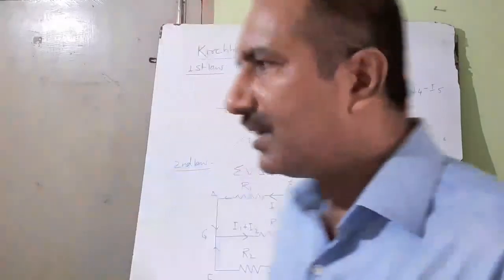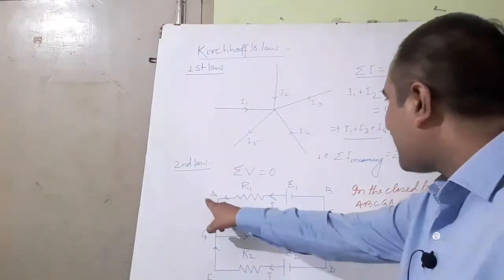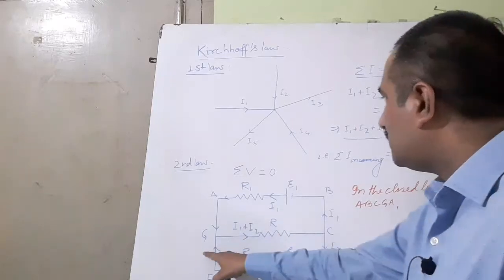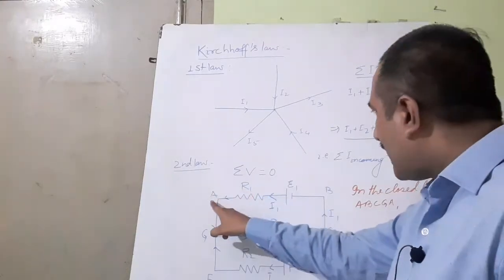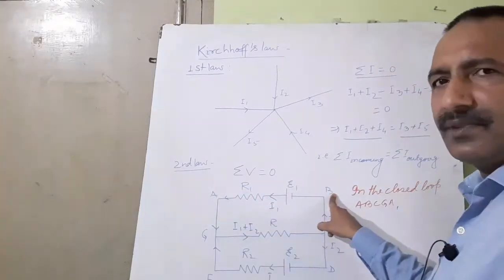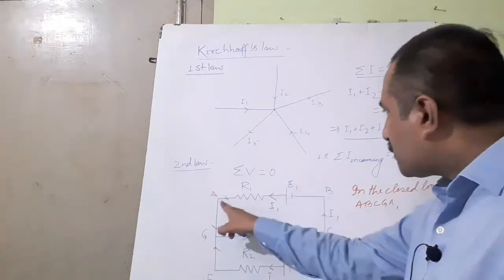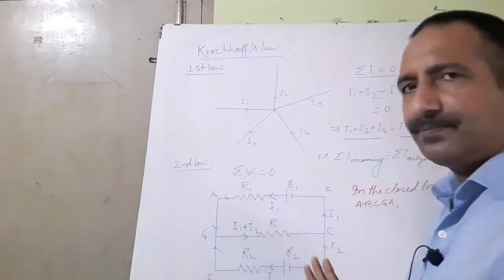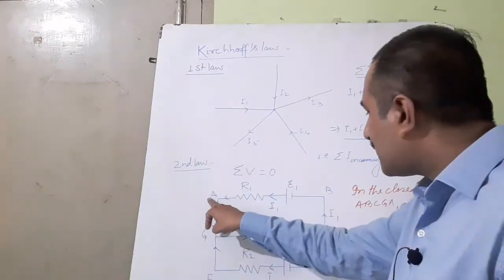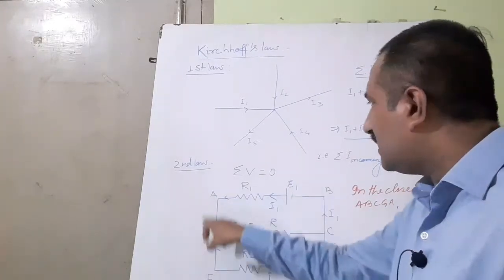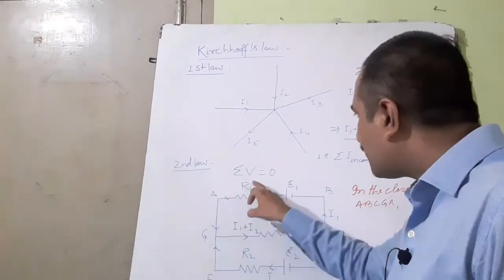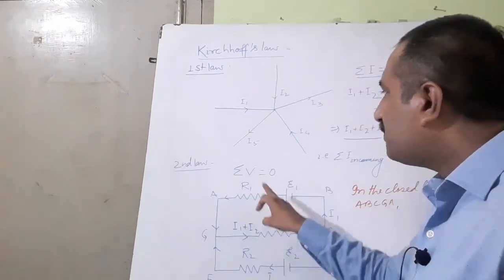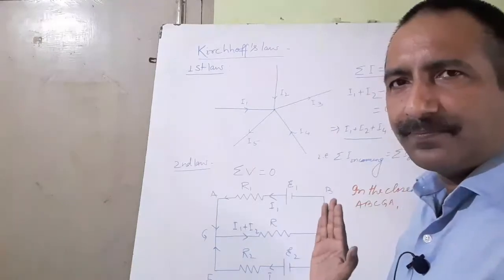You just see, if you take the loop as A, B, C, G, A, you are going A to B. So you are opposite to the direction of current because current is from B to A, I1. So if you take the loop A, B, C, G, A, potential difference across R1 will be minus I1 R1.